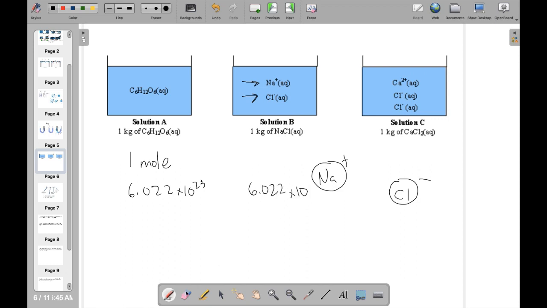What do I have? I have 6.022 times 10 to the 23rd times 2, because all of my particles here have now divided into 2 particles. So I have double the amount of solute, essentially.